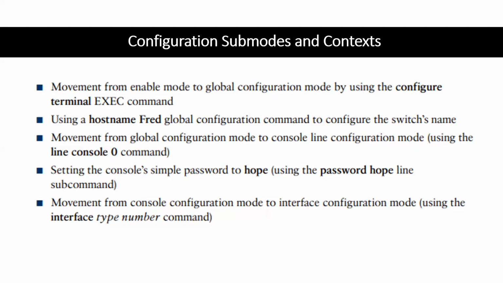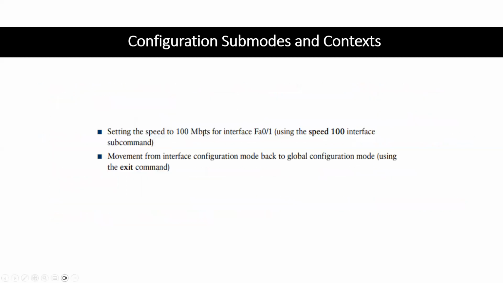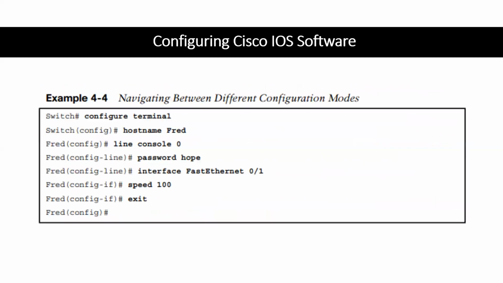Mo's goal is to drop out of line console configuration mode, go back to global configuration mode, and get into interface configuration mode. Whole different modes, plenty of different flavors.